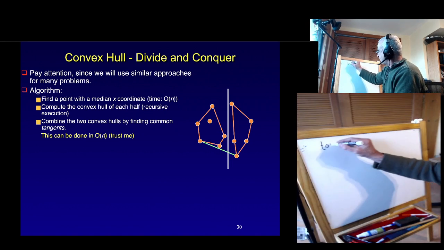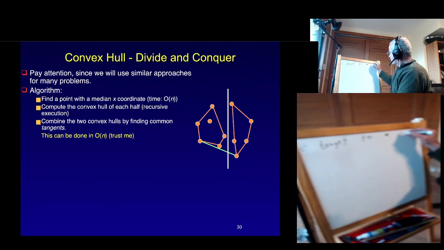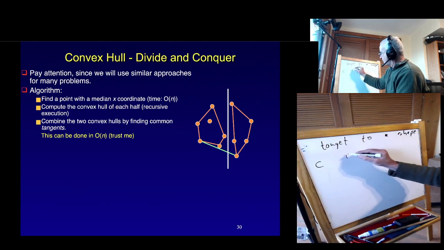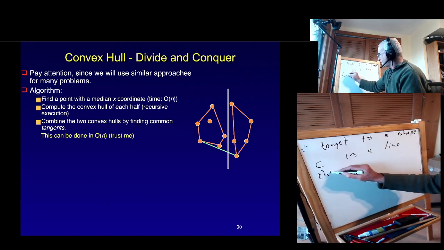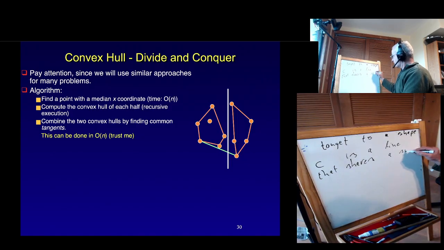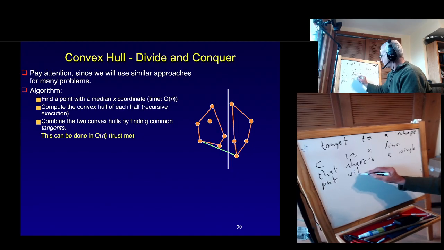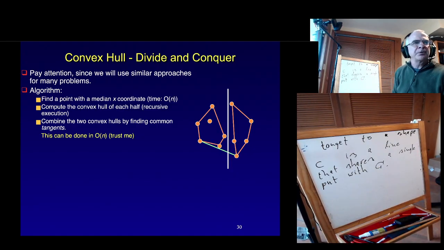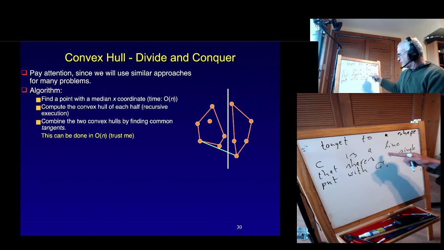A tangent to a shape C is a line that shares a single point with C. And once again, I'll assume general position, so I don't have to worry about a tangent that contains a whole edge.